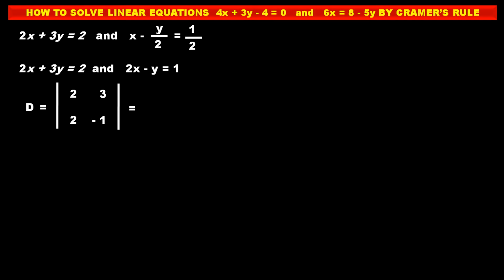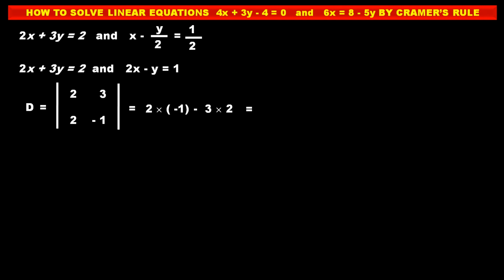So its value is equal to, in the first term we write the product of elements in the principal diagonal, so 2 into -1, minus, for subtraction we use the sign minus. Now in the second term we write the product of elements in the secondary diagonal, so it is 3 into 2.